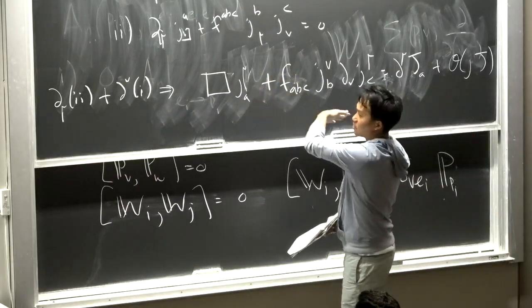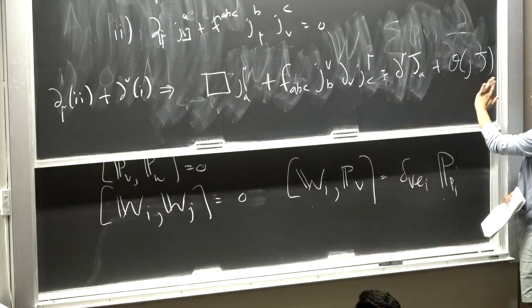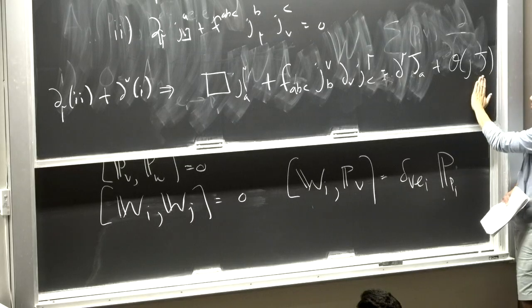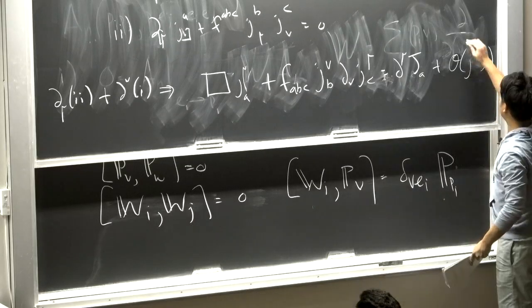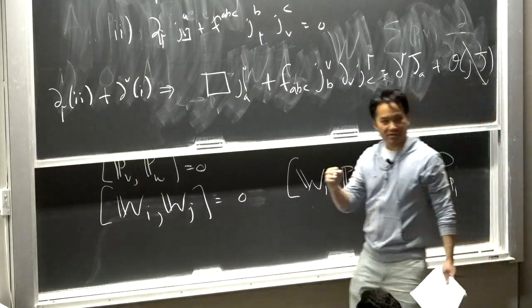If you combine these as an equation, these are terms that are proportional to both the source term and the field. I'm going to throw them out because I'm going to compute on-shell scattering amplitudes.